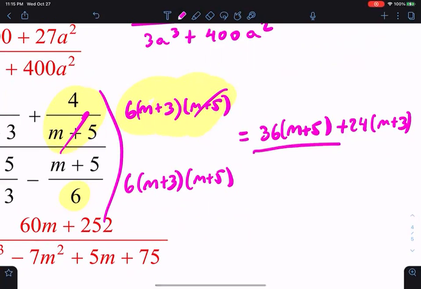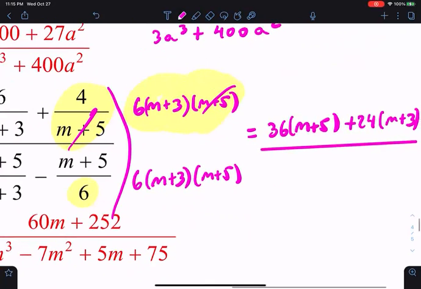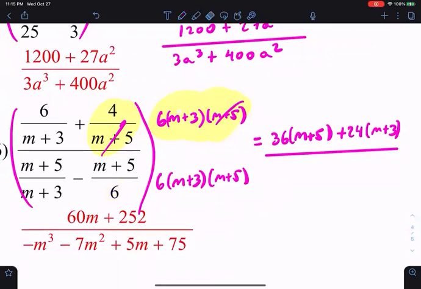Okay, and then on the denominator, you do the same thing exactly. This times this, right? So then the m plus 3 cancels with that, right? And then you get 6 times m plus 5 to the second power. And now you do this one again times this one.